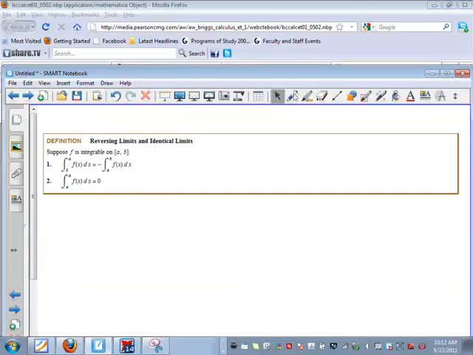So if we say the integral, what's the integral from 1 to 0 of x squared? What is it? It's negative 1/3.